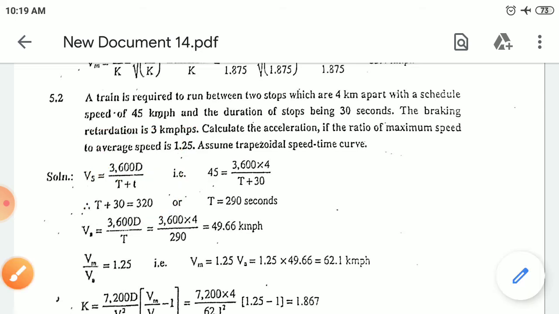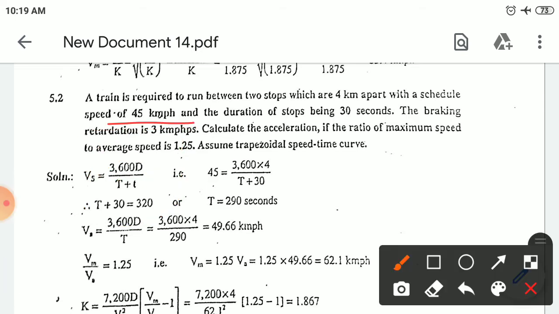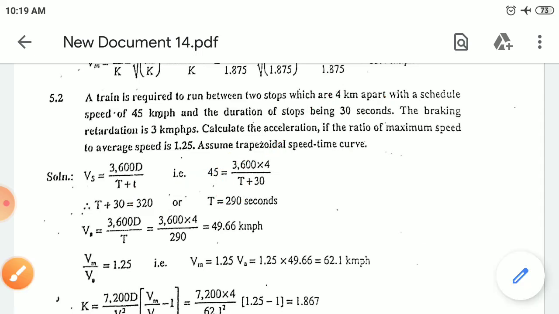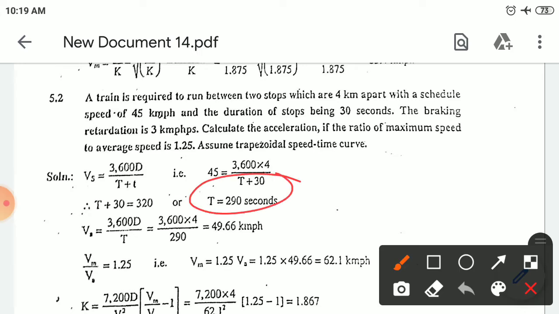It is given as 45 kilometers per hour. So 45, 3600 you keep as it is, D is 4 kilometers. T you have to calculate, and the time of stop is 30 seconds. So T plus 30 is equal to 320. Just simplify it, so T is equal to 290 seconds.